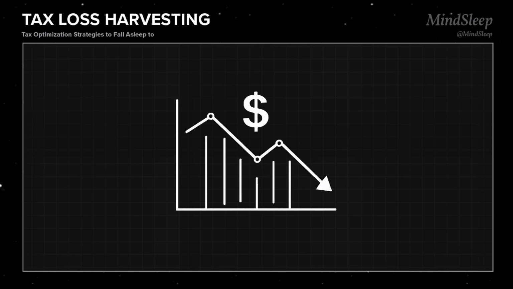Tax loss harvesting is akin to pruning those withered plants, not just to maintain the garden's health, but to use those clippings to nourish and support the growth of your thriving plants. In this financial garden, the act of pruning and repurposing is a delicate dance of timing and strategy.